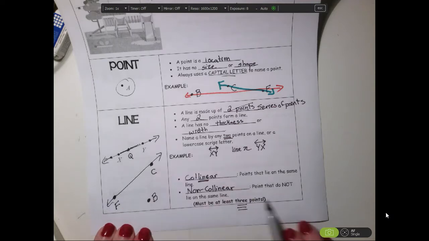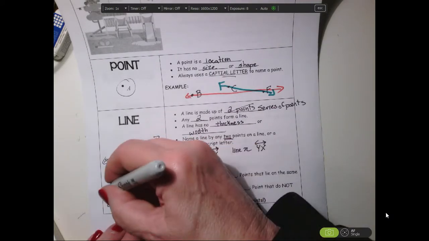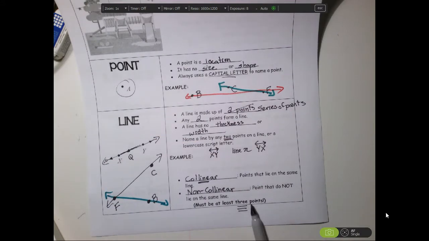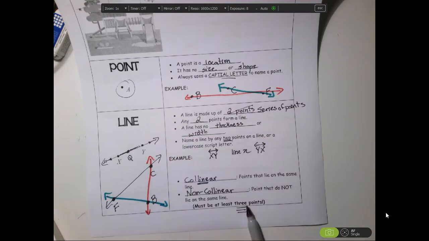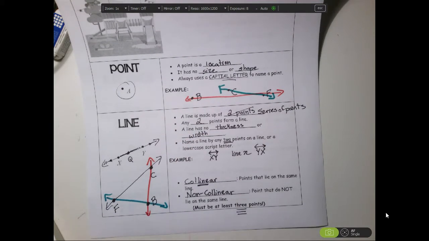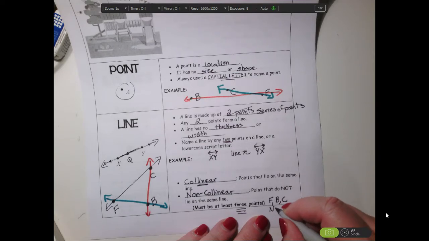I can put a line through BF, and I can put a line through BC, but I can't put one solid straight line through all 3 of them at the same time. So I would have to say points F, B, and C are non-collinear.